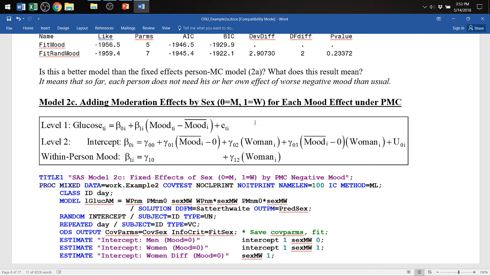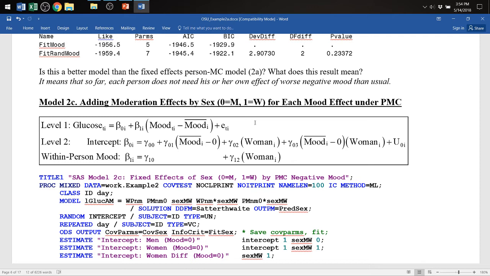And you've set them up to be orthogonal, so you don't have to worry about them competing against each other. Within person negative mood, its job is to tackle the level 1 residual variance. Person mean negative mood, its job is to tackle the level 2 random intercept variance. And so its total contribution really needs both of them in there to the extent that that predictor has variance at each level. All right, other questions?